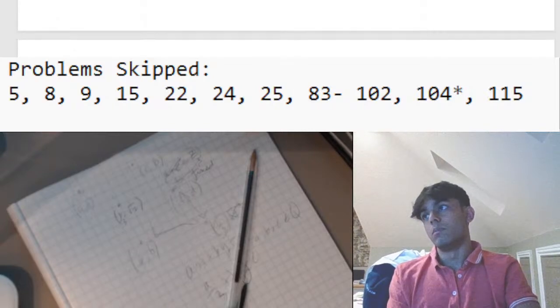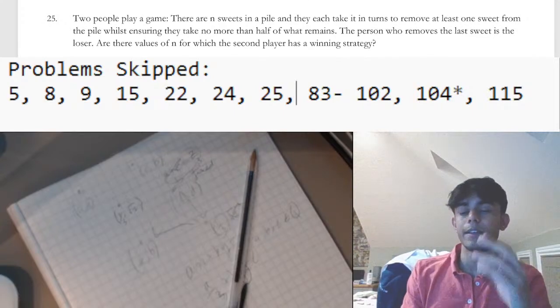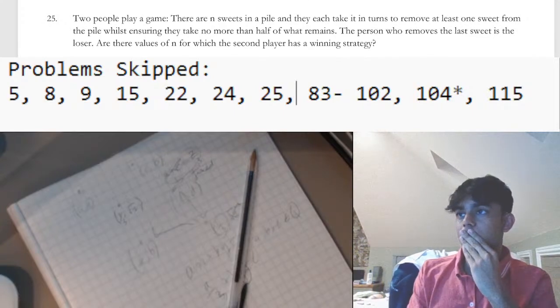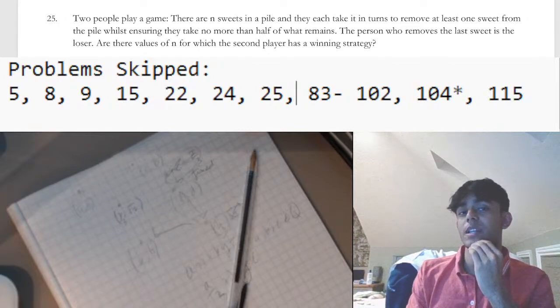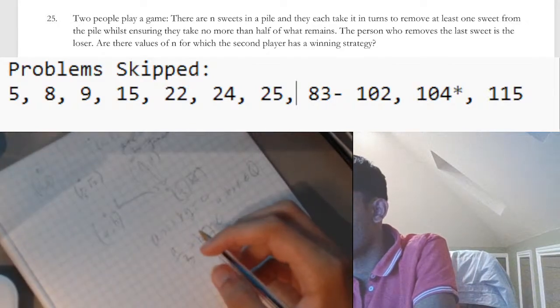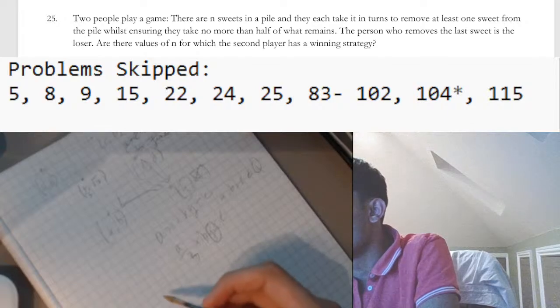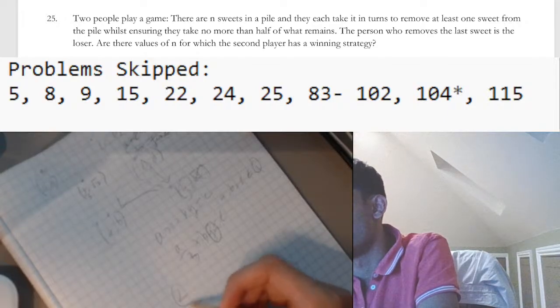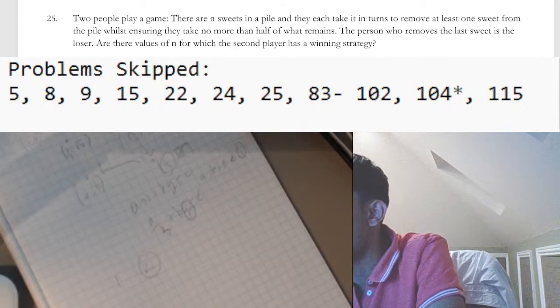I don't know what we were doing yesterday. Two people playing a game. All the values for n where the second player has a winning strategy. I think we just do winning and losing numbers. So for one, the second player wins because the first player has to remove the last tweet.